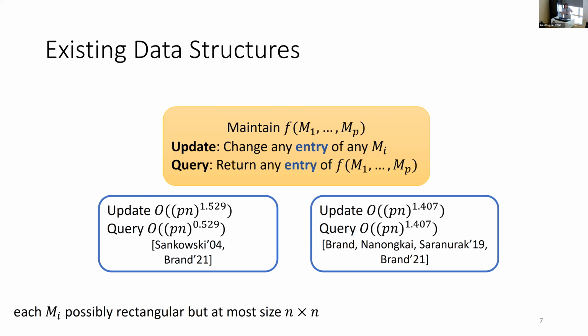On the other hand, if whatever problem you're trying to solve doesn't have a high dimensional output, if you only need very few queries, then there's also another data structure with a slightly faster update time, but a slower query time.